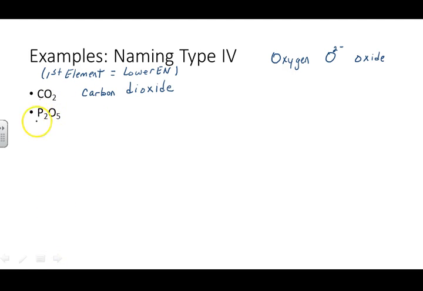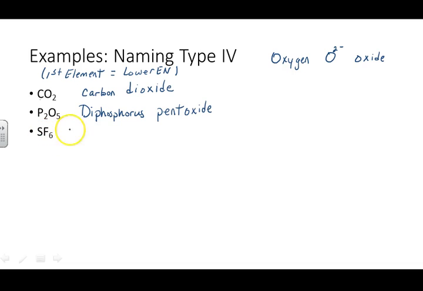P2O5, we have two phosphorus, so we would call this diphosphorus. 5 is pent or penta oxide. And in most cases you will see the A left off of penta before the O on oxygen.